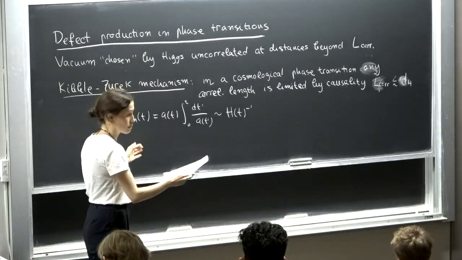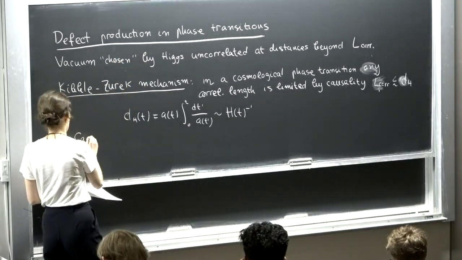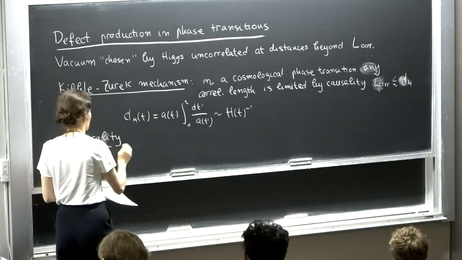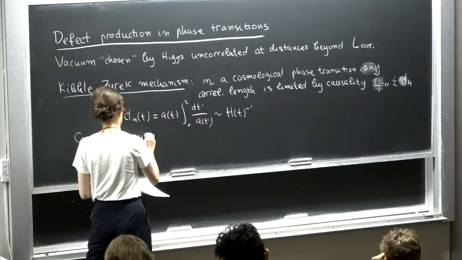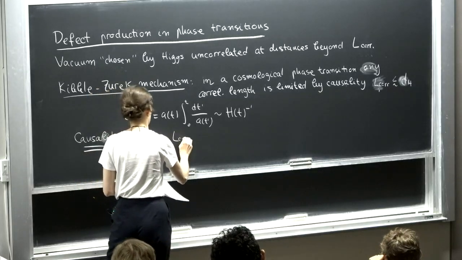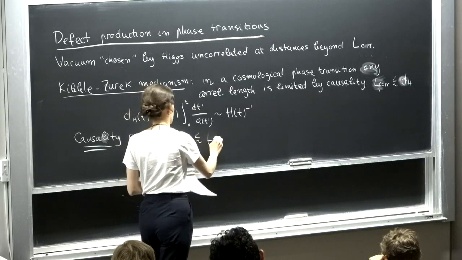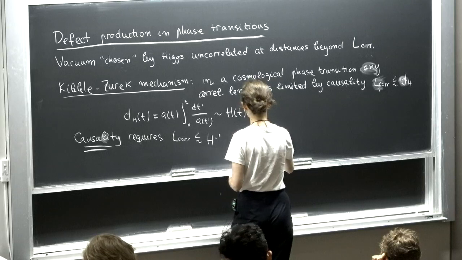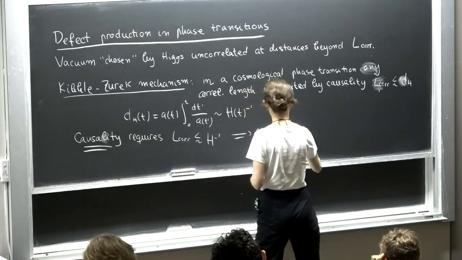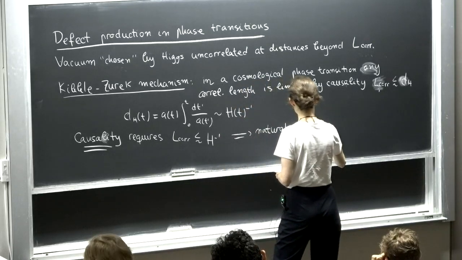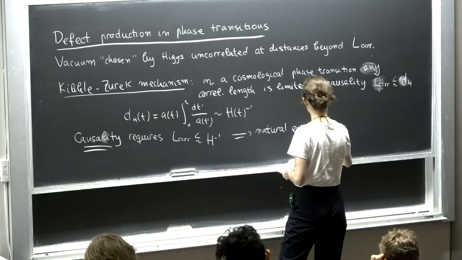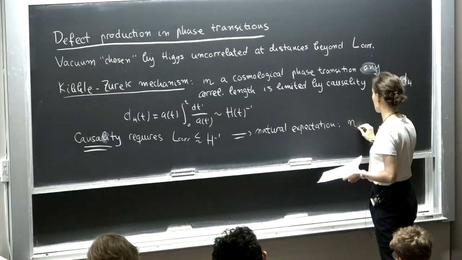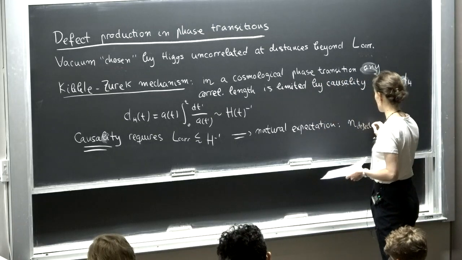So this is just a very simple observation. Causality alone requires that the correlation length is bounded by the Hubble radius, and therefore this leads us to the natural expectation that we should expect at the very least one defect produced within a Hubble volume.